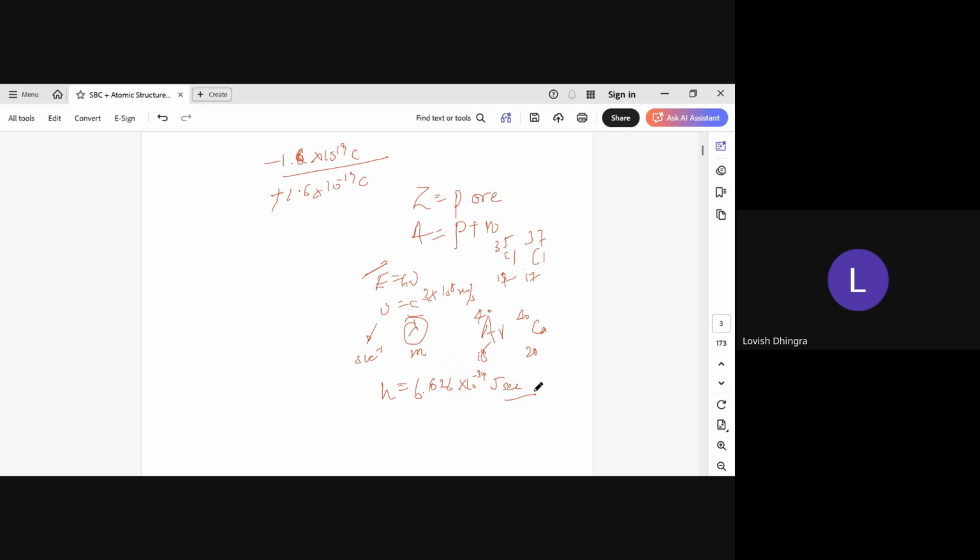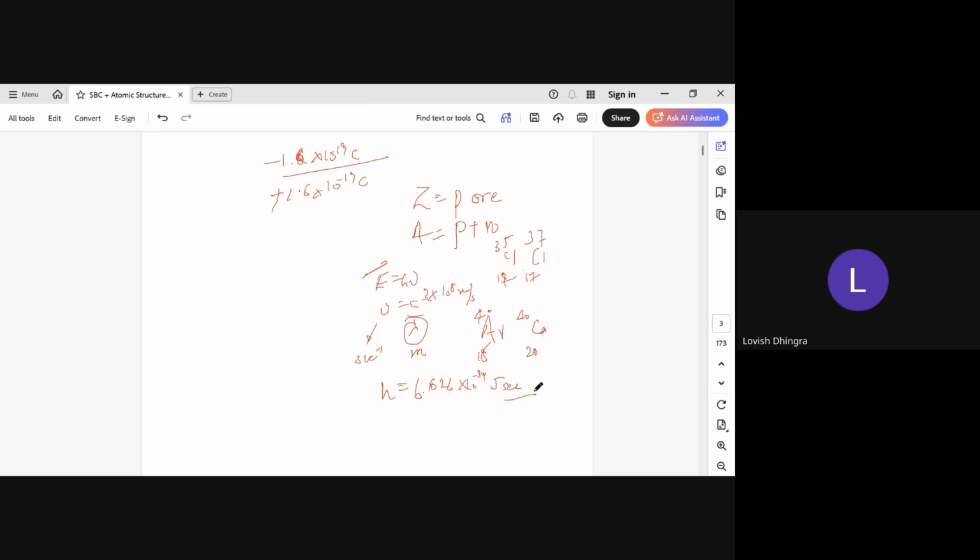What is the photoelectric effect? When light falls on a metal, it dislodges electrons if the energy of the light is greater than the threshold frequency. So whenever light of a certain frequency is incident on the metal surface, that light should be more than the threshold.